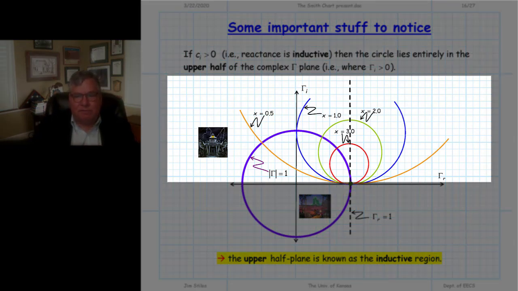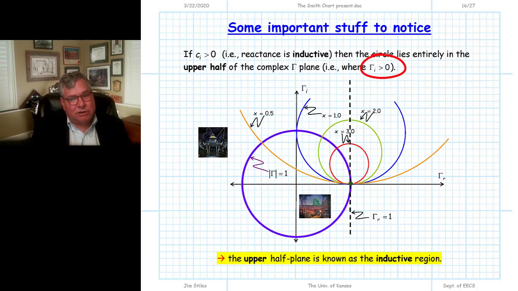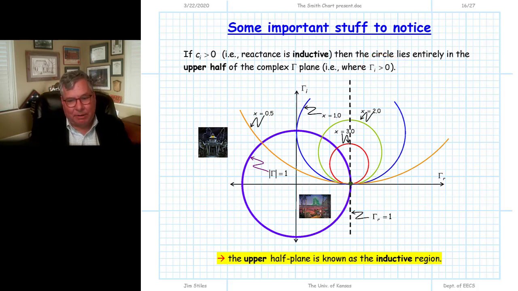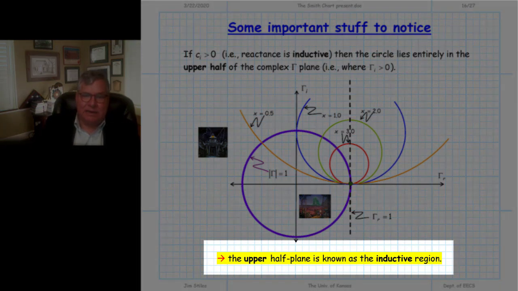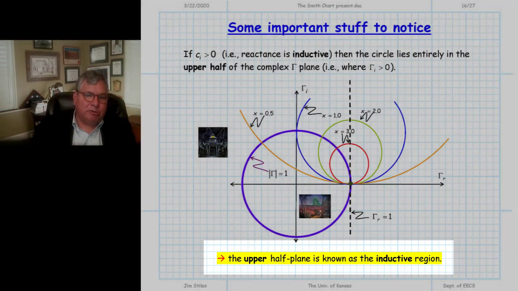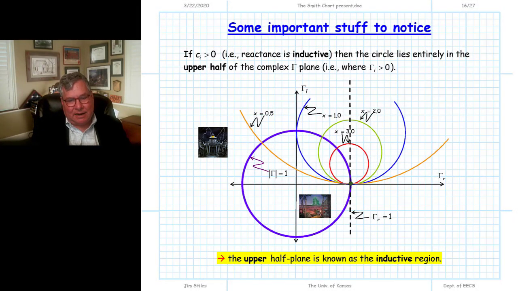The imaginary values of gamma, in this case, are all positive. So it's interesting, when the reactive component is positive, then the imaginary part of the impedance is positive, then likewise the imaginary part of gamma must be positive as well. And so the upper half of the complex gamma plane is known as the inductive region.